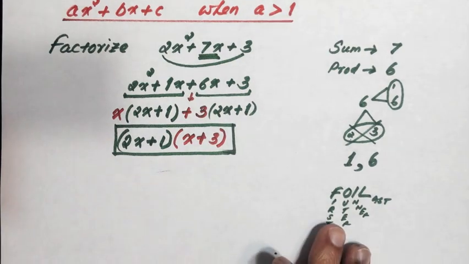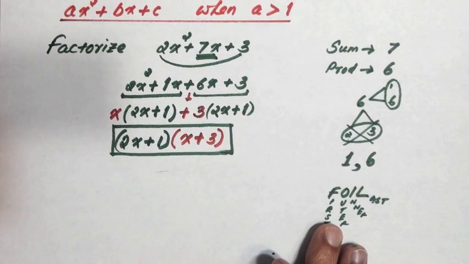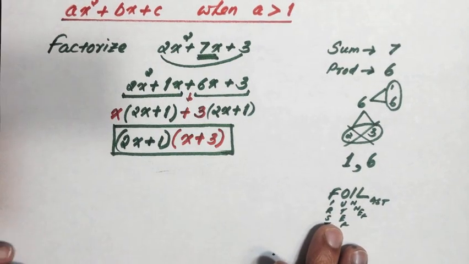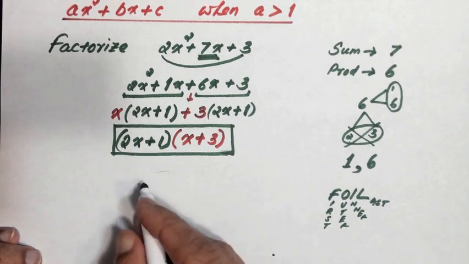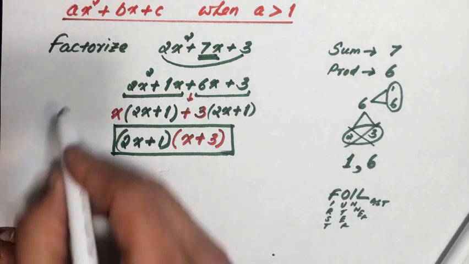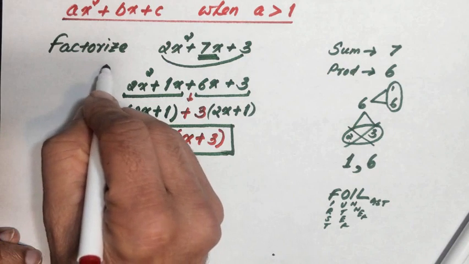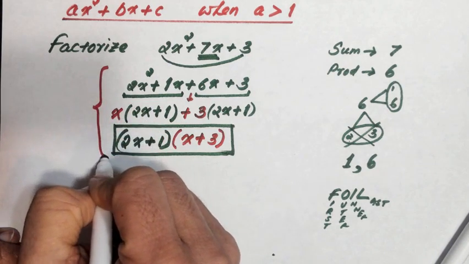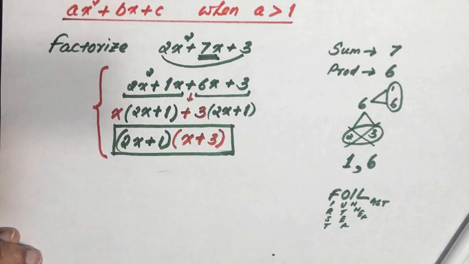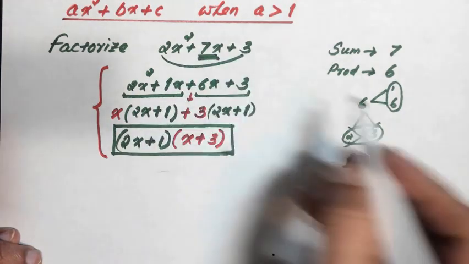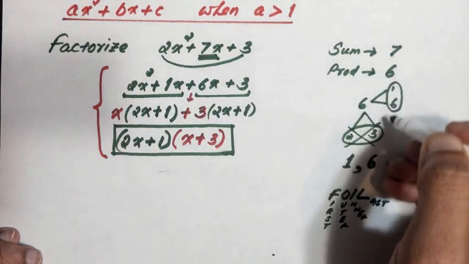I'm going to explain the exact same question in a different way, which is kind of faster. Understand that all these steps were using the first method. Now, if this was the question, 2x squared plus 7x plus 3, you need to follow the exact same steps as before.